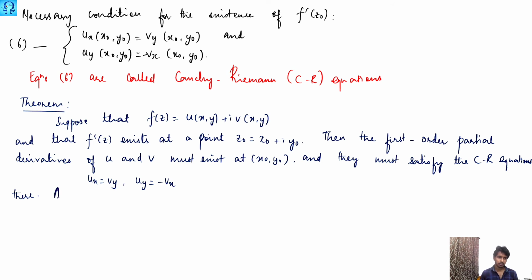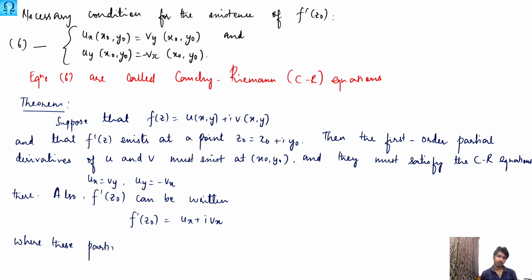Okay. Also, f prime at z naught can be written as ux plus iota times vx, where these partial derivatives are to be evaluated at (x naught, y naught).